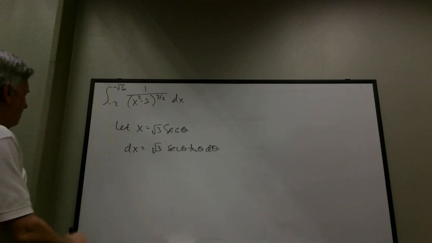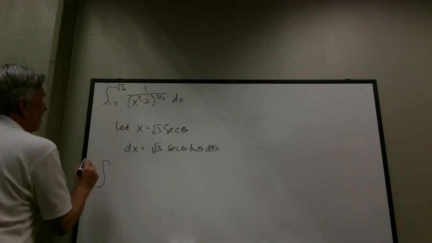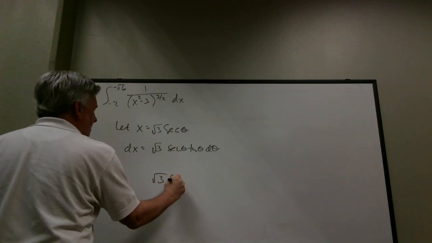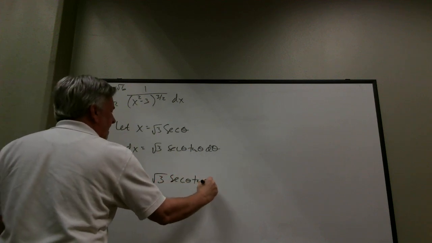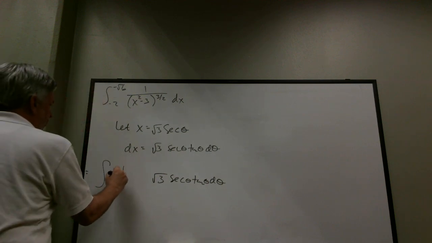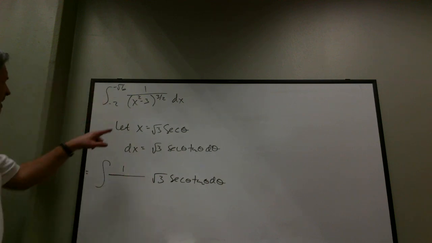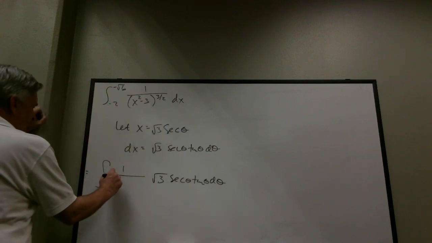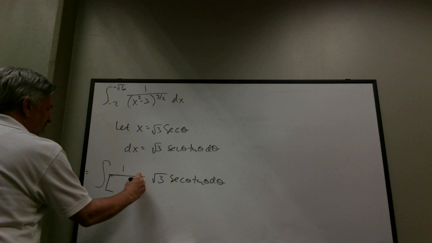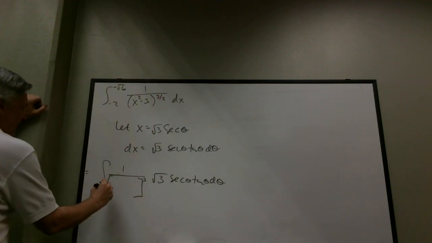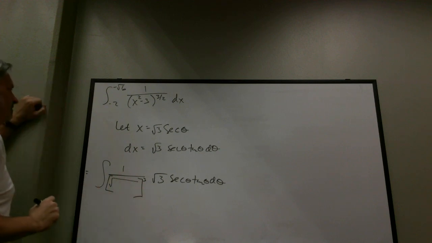Okay, so let's do the substitution. Again, do the dx stuff first. So that's square root of 3 secant theta tan theta d theta. I'm going to have 1 over, and I'm going to rewrite this like I did a second ago with the square root and the cubed. So it's the whole thing cubed, and I'm pulling off that 3. Then we have the square root of x squared minus 3.